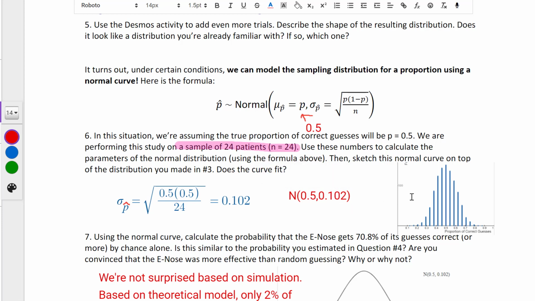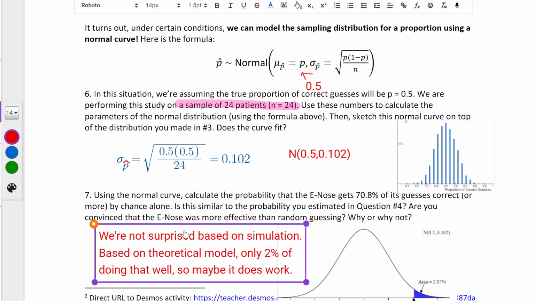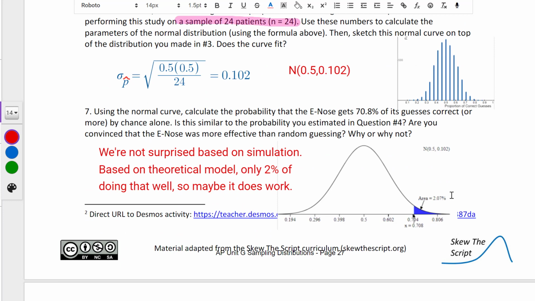So using the normal curve, calculate the probability the E-Nose gets 70.8% of its guesses correct or more by chance alone. Is it similar to the probability that you estimated in question 4? We're not surprised based on the simulation, but based on the theoretical model, that is kind of surprising. It's actually down at 2%. So maybe it does work.